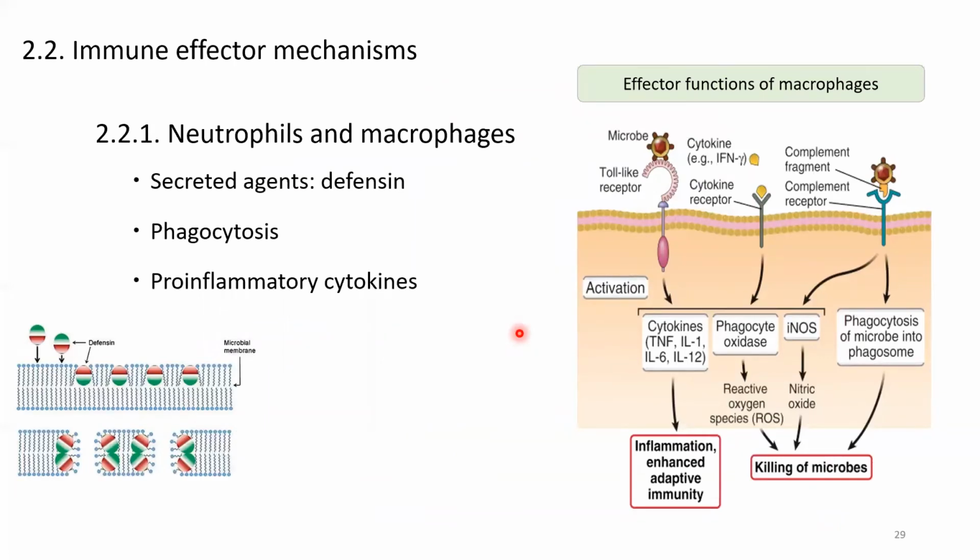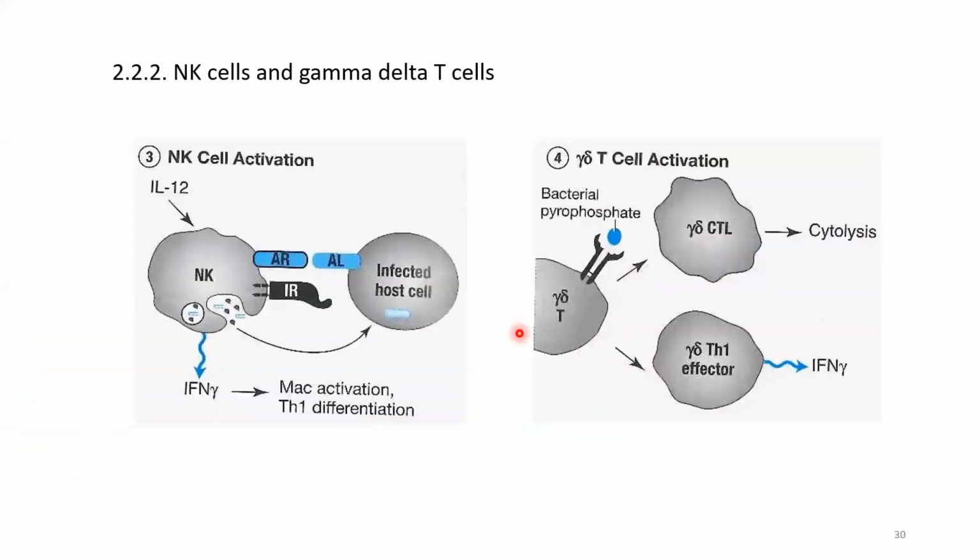The immune effector mechanisms in order to control intracellular bacteria include neutrophils, macrophages, antimicrobial peptides and inflammatory cytokines, and NK cells and gamma delta T cells are very important to control intracellular bacteria, because once bacteria get into our host cells, antibody can hardly recognize the pathogen.